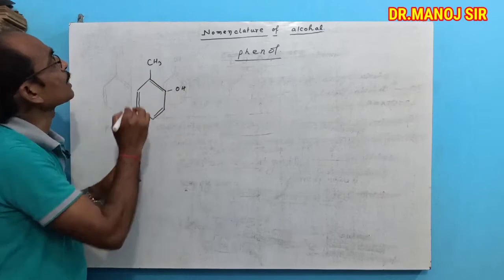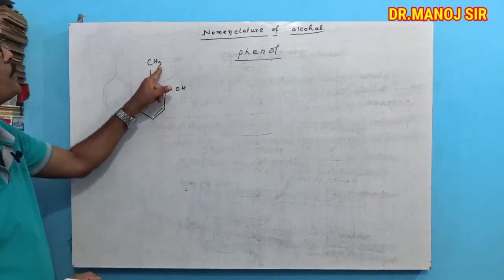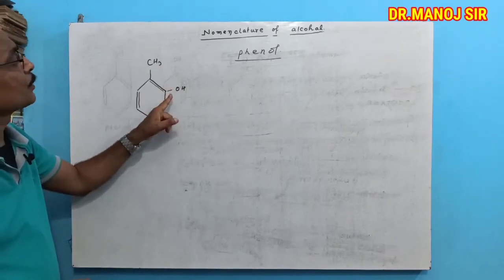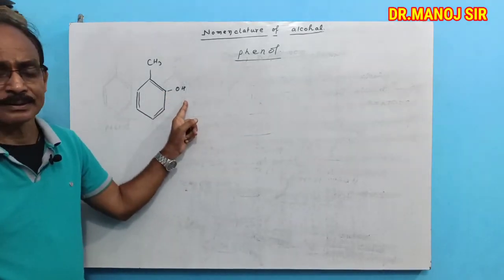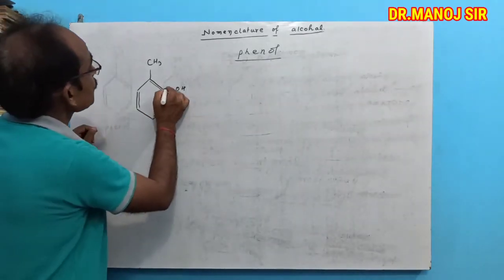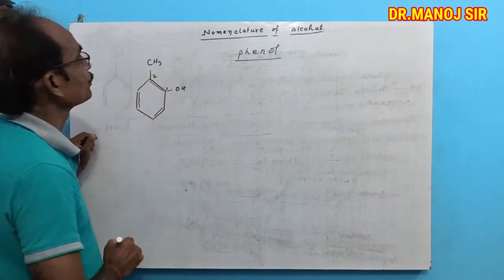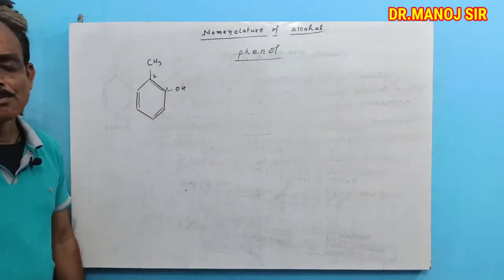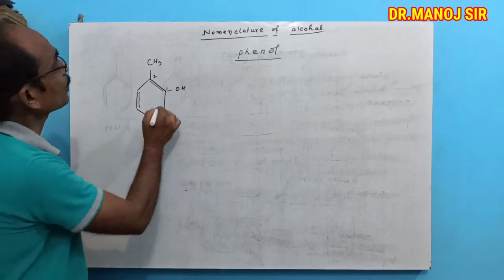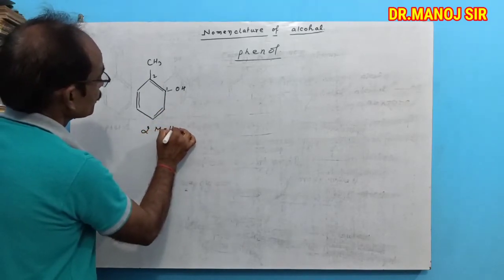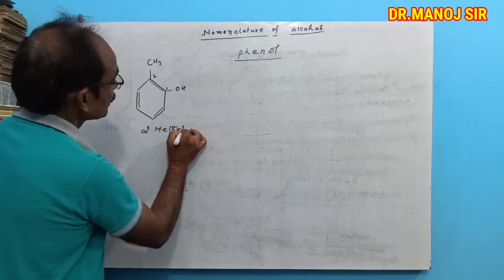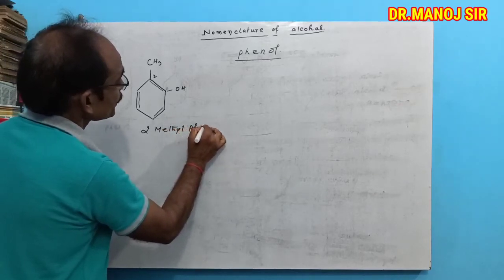On the first carbon, CH3 is attached, whereas on the second carbon OH is attached. That means 1,2, methyl phenol, 2-methyl phenol.